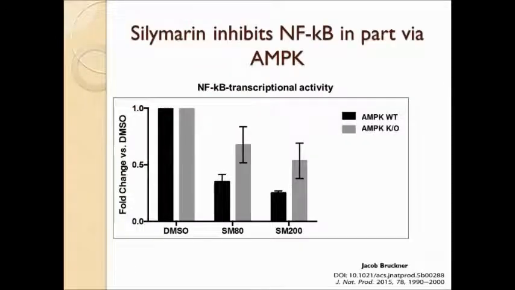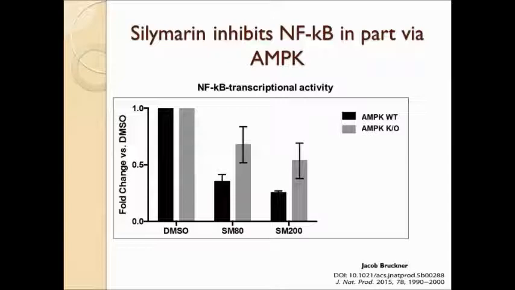I could show you more data, but this cuts to the chase. If you focus on the black bars, this is an NF-kappa B transcriptional activity assay, a luciferase reporter gene, in cells where we activate NF-kappa B with TNF and then treat cells with silymarin. You can see in the black bars that silymarin causes a dose-dependent suppression of NF-kappa B, much like we found in the microarray results.